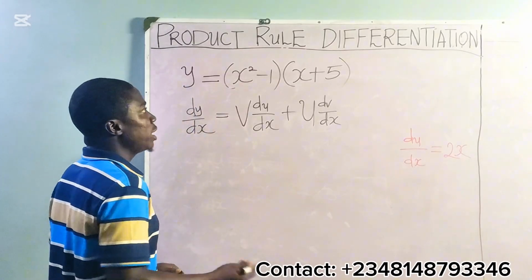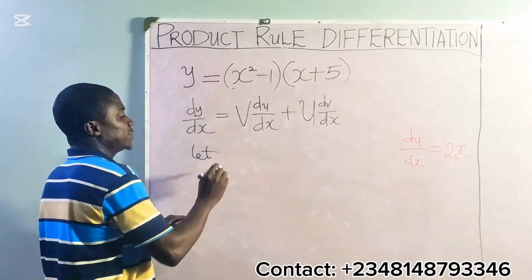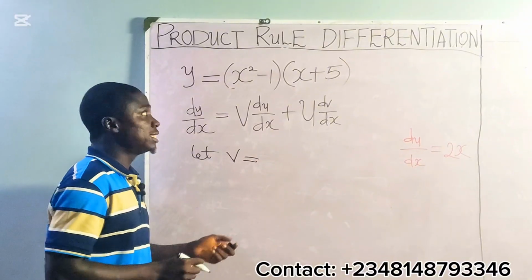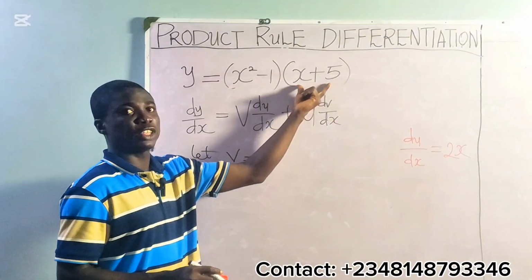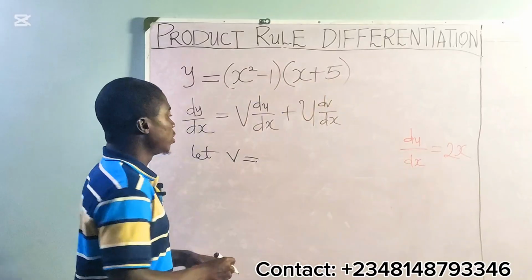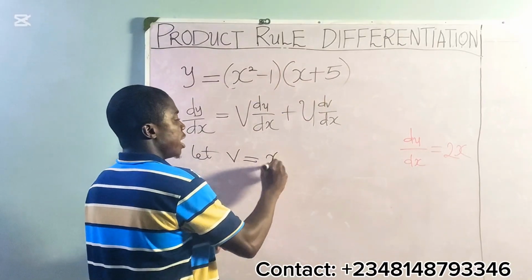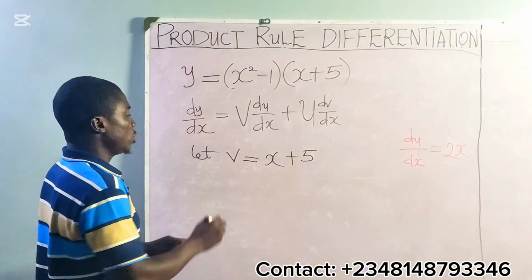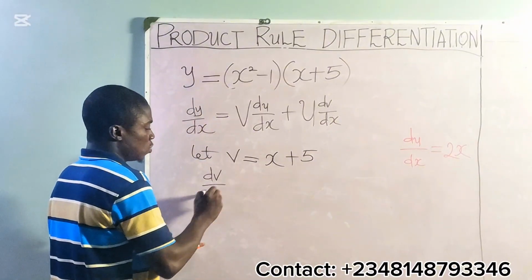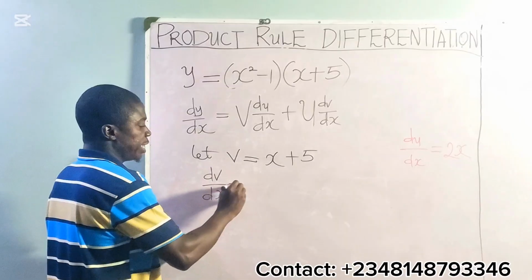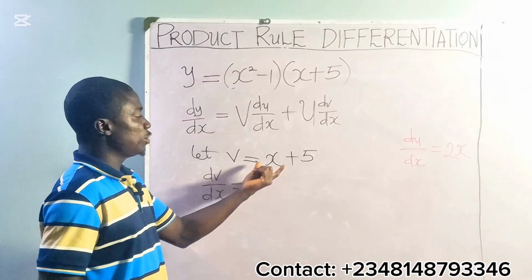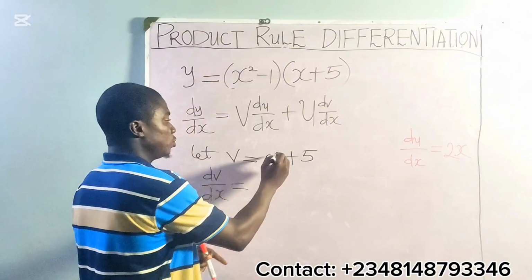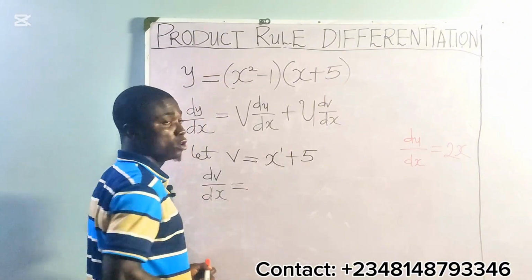All right, so let's identify our v. Let v be equal to, remember I said your v should always be the terms in the second bracket. So v is equal to x plus 5. If you differentiate v with respect to x, dv over dx is equal to, if you differentiate x, it would give you 1. Now, this is how we do it. x here is raised to power 1.